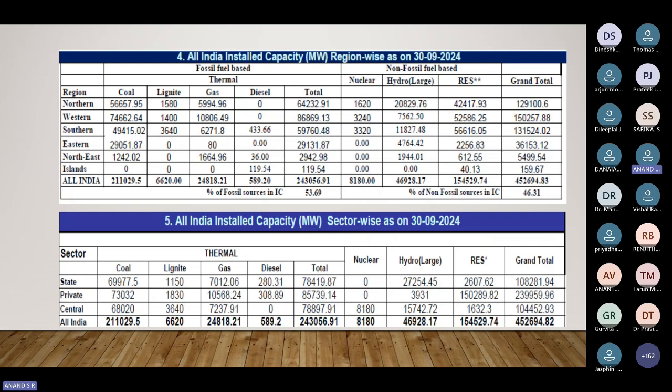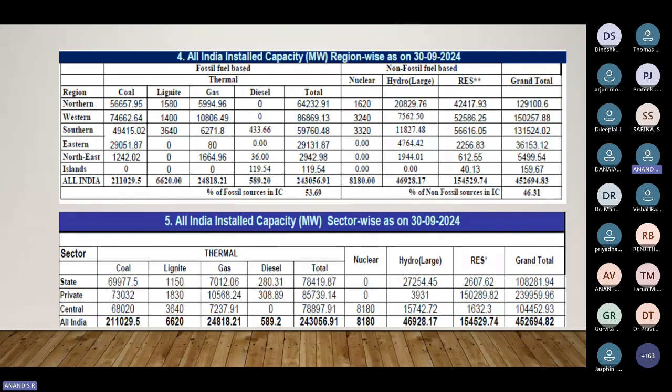We have to create some kind of extra capacity. And the installed capacity as on 30/9/2024, that is September end, you can find these details on the CEA website, or in my presentation.